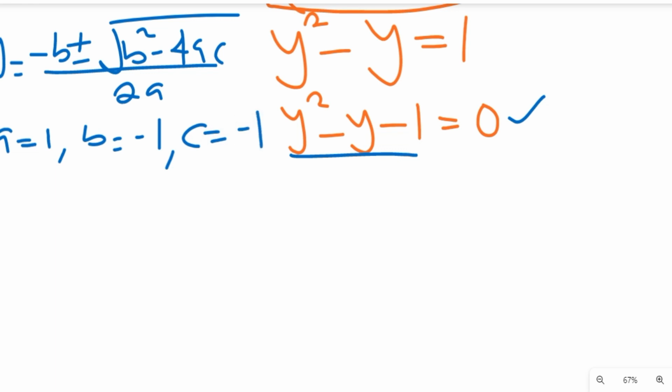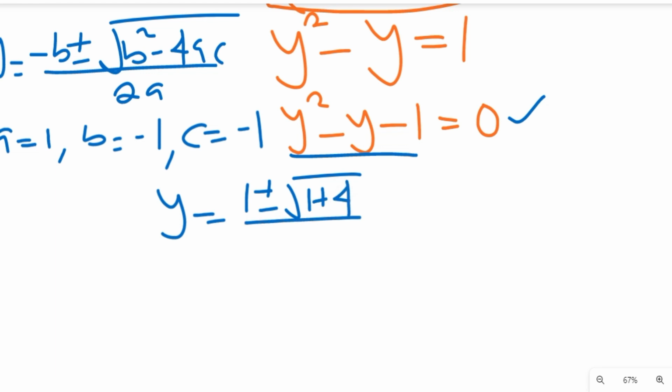If we apply that here, we'll have our y to be equal to, this in total will give us 1 plus or minus square root of, this will give us 1 plus 4, and this will be divided by 2.